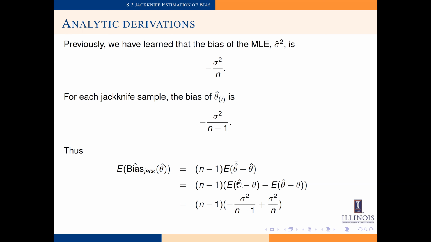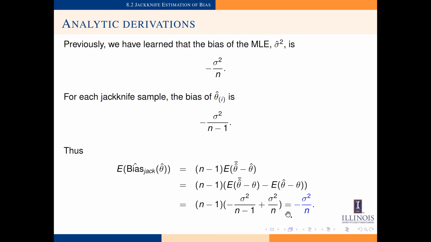And we know that in this case, the bias of the theta hat bar, because it's a sample mean of n theta hat i's, will be equal to the bias of the theta hat i's, which is negative sigma squared divided by n minus 1. And the bias of theta hat is just this guy, negative sigma squared divided by n.